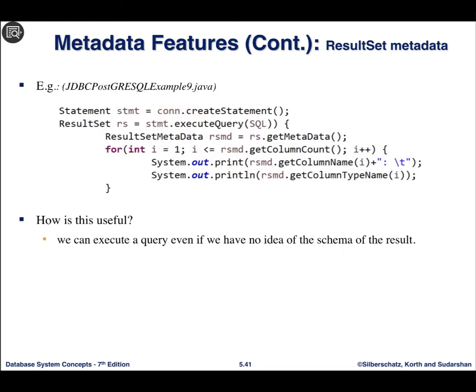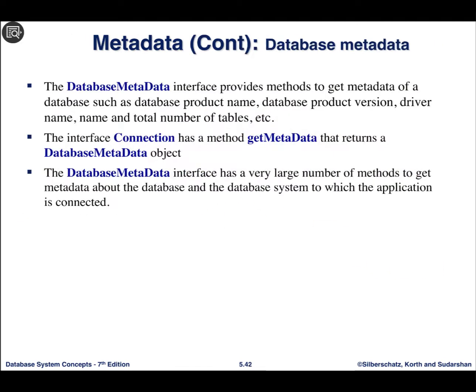And this is if you want to actually get metadata about the database itself, not about the result set. You really need to distinguish two things. When you execute your query, you're going to have a result set, and you can get the metadata for the result set. When you connect to the database, you can retrieve the metadata about the database itself, in general everything about the database.